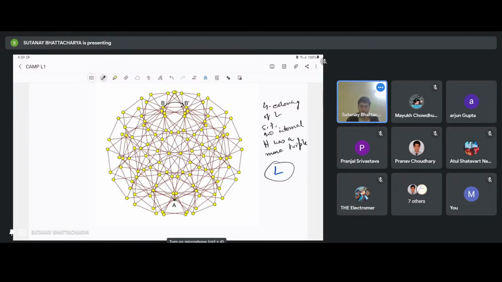Yes, we get A and B dash being the same color, which is a contradiction.